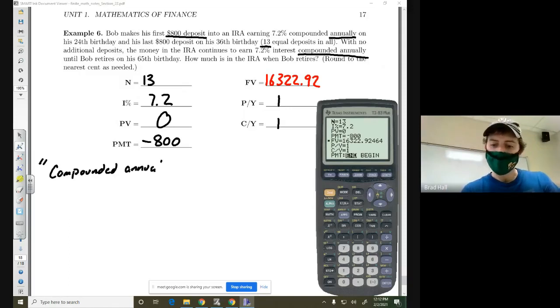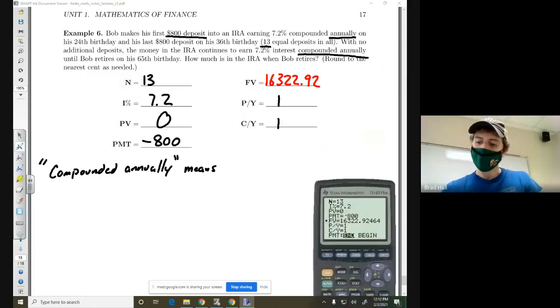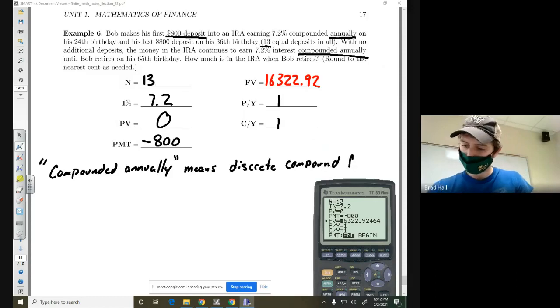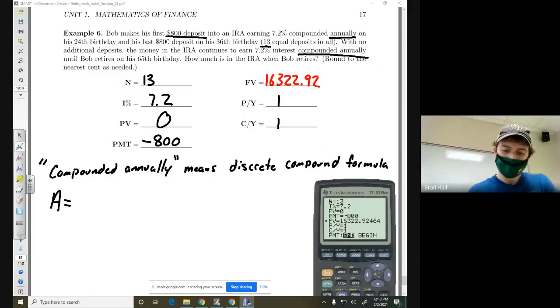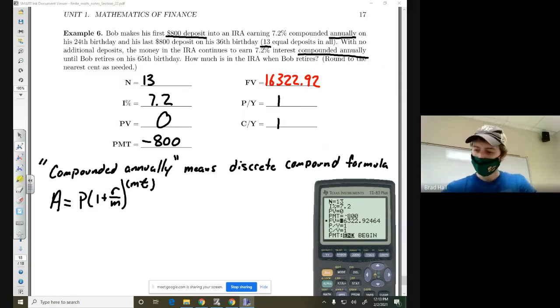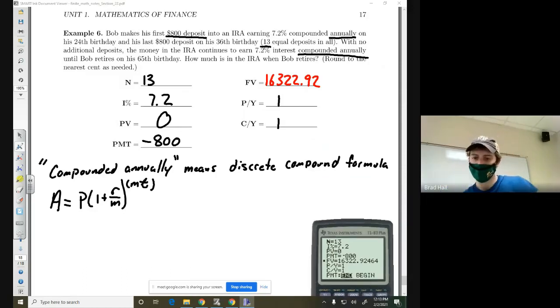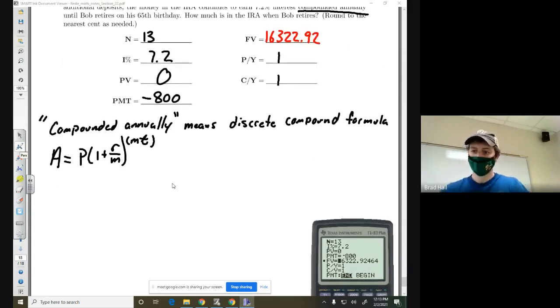And guess what that means? We use the discrete compound formula. So there's no more TVM solver because he stopped depositing. And this formula, since it's been a while, just like this, tells us exactly what we need to solve for.